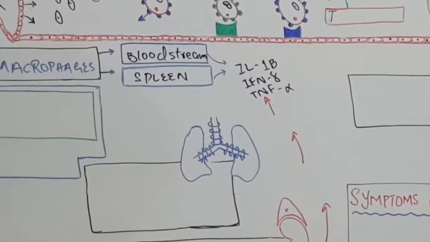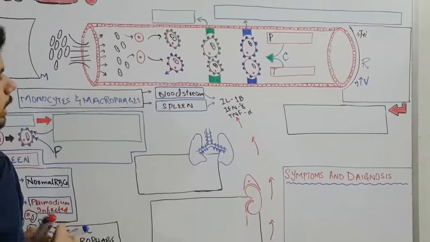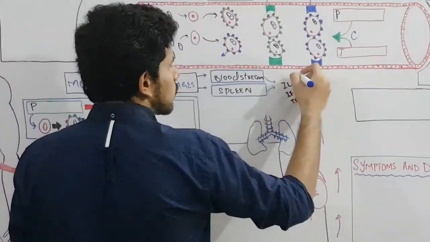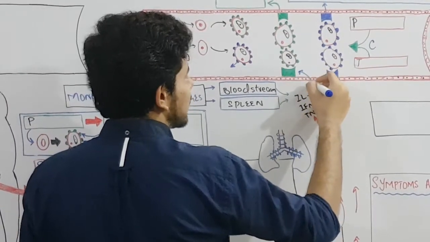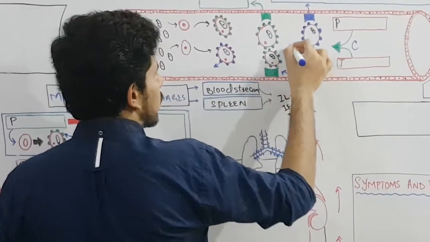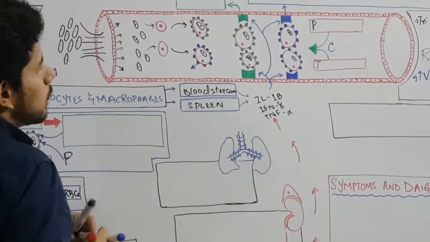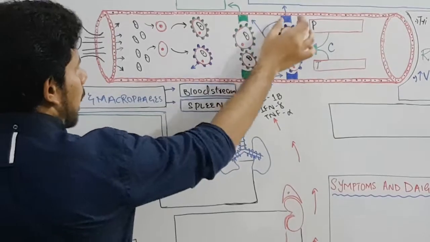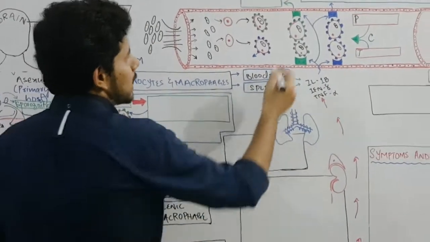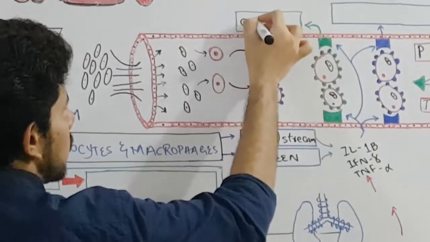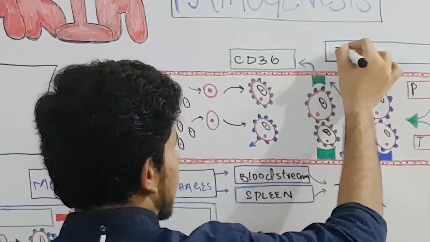So besides doing these things, what else do these cytokines do? These cytokines help the expression of these receptors. You are seeing this in blue and this pretty green color. These are very special types of receptors. So what are these receptors called? This green one is known as CD36 and this blue one is known as ICAM.